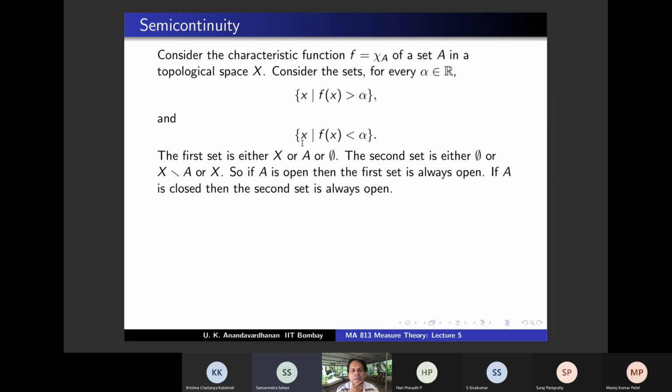One of you can just tell me something. There is no right or wrong for this question. Whatever you say is one answer. Which one would you like to call lower semi-continuous? f of x less than alpha is lower.